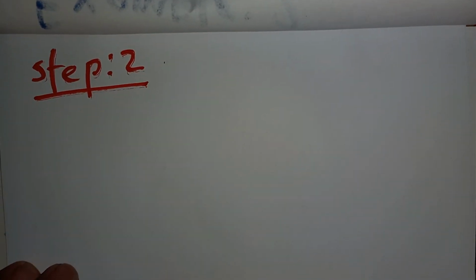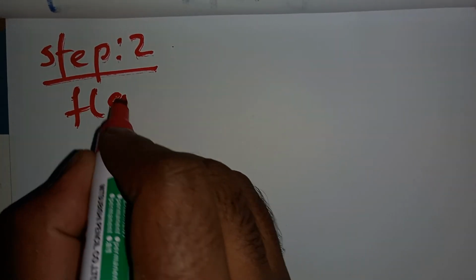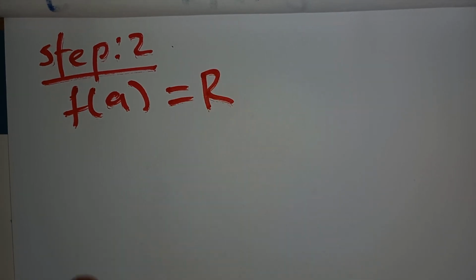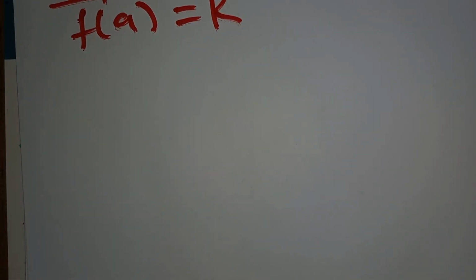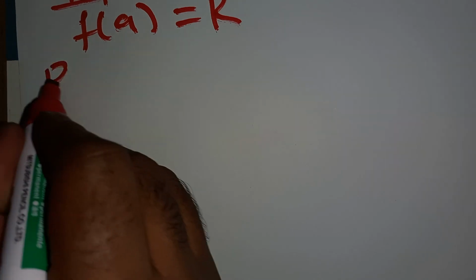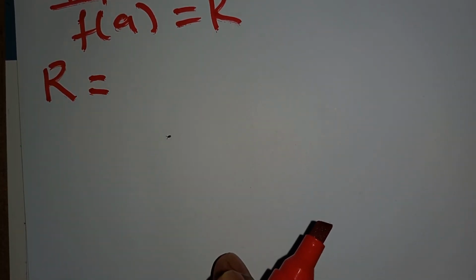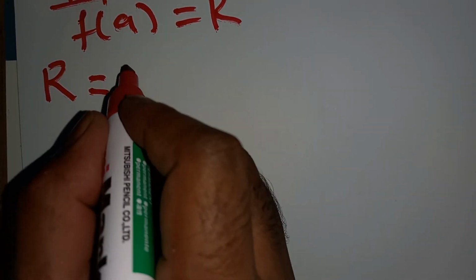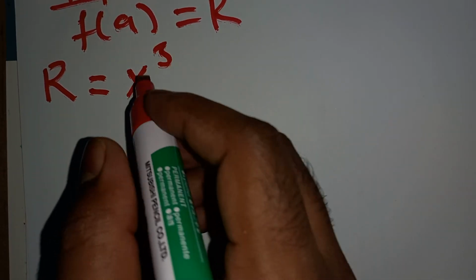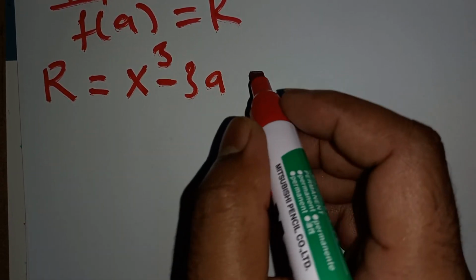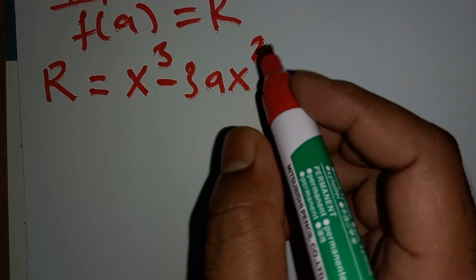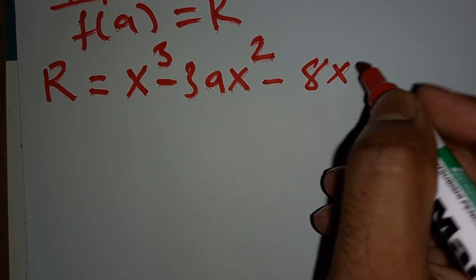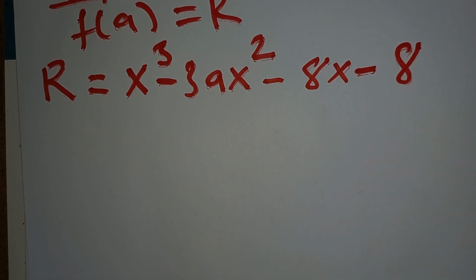In step 2, we have to do this f of a, which will give us our remainder, right? So our r will be basically coming from x cube minus 3a x squared minus 8x minus 8, right?